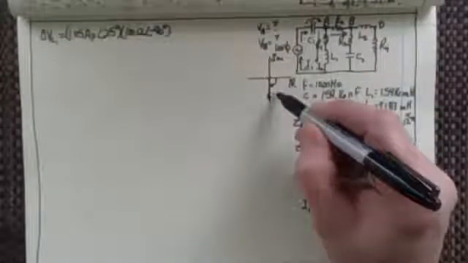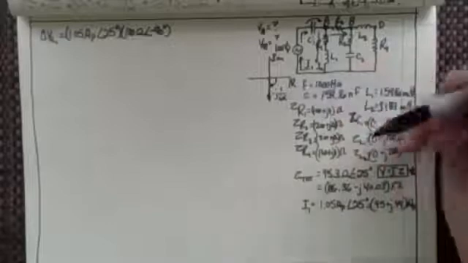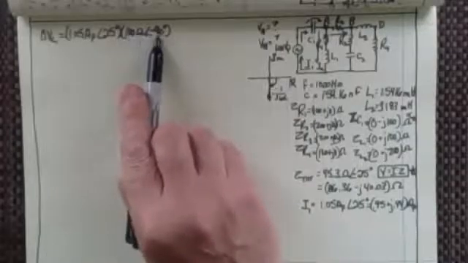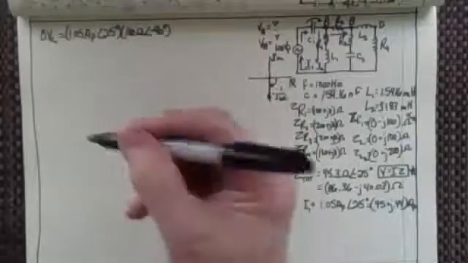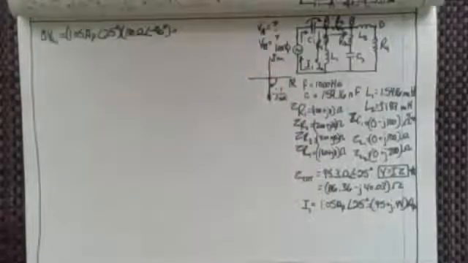Minus j1 over omega C. Isn't that what the reactance or the impedance of the capacitor is, right? So 100 ohms at minus 90 degrees. And so that's going to be my voltage drop across there. And so we want to find out, well, what's that going to be?